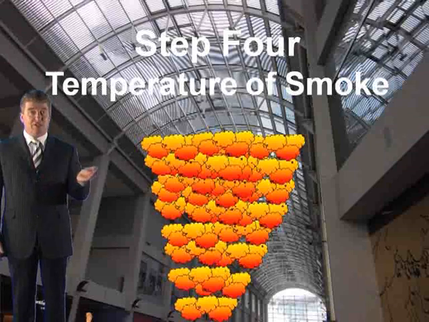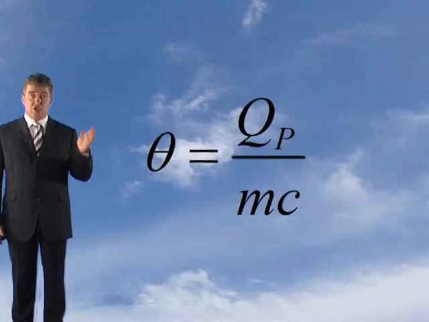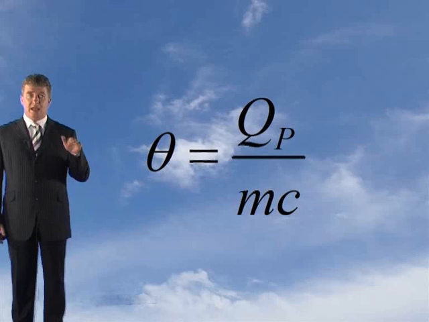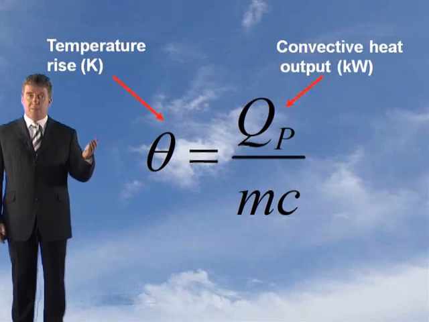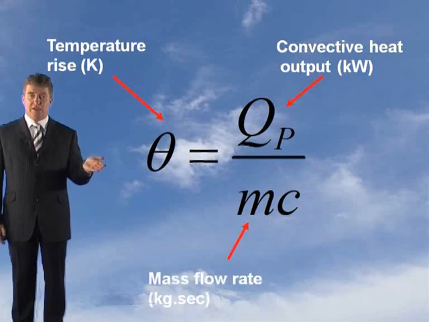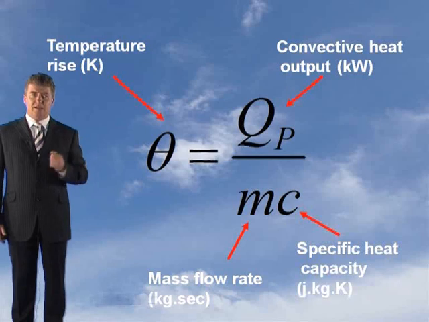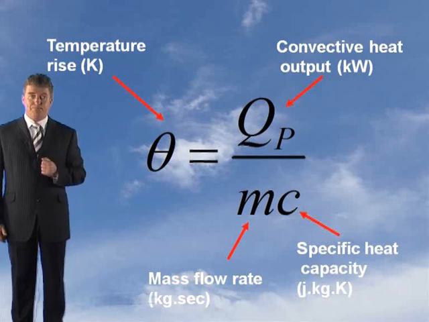Step 4, determining the temperature of the smoke. Now, to determine the temperature of the smoke, again, we use the following formula. Theta equals QP divided by MC, where theta is the increase in temperature, QP is the convective heat output, M is the mass flow rate of smoke, and C is the specific heat capacity of the smoke.